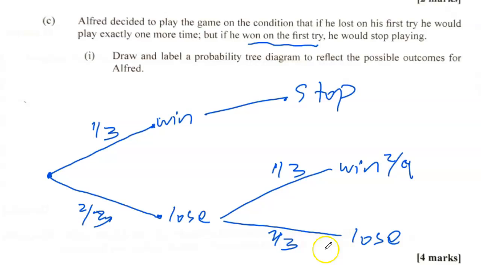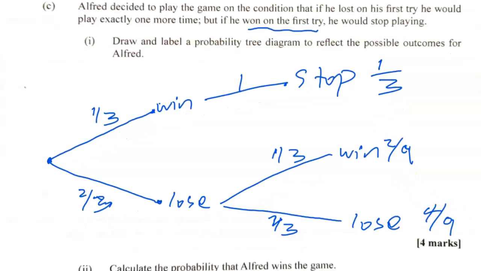So 2/3 times 2/3, that's 4/9. So if he wins, there's a 100% chance he stops. So 1/3 times 1, that's 1/3. And by the way, if we add all of these probabilities going down, we should end up with 1. 1/3 and 2/9 and 4/9 should give us 1.